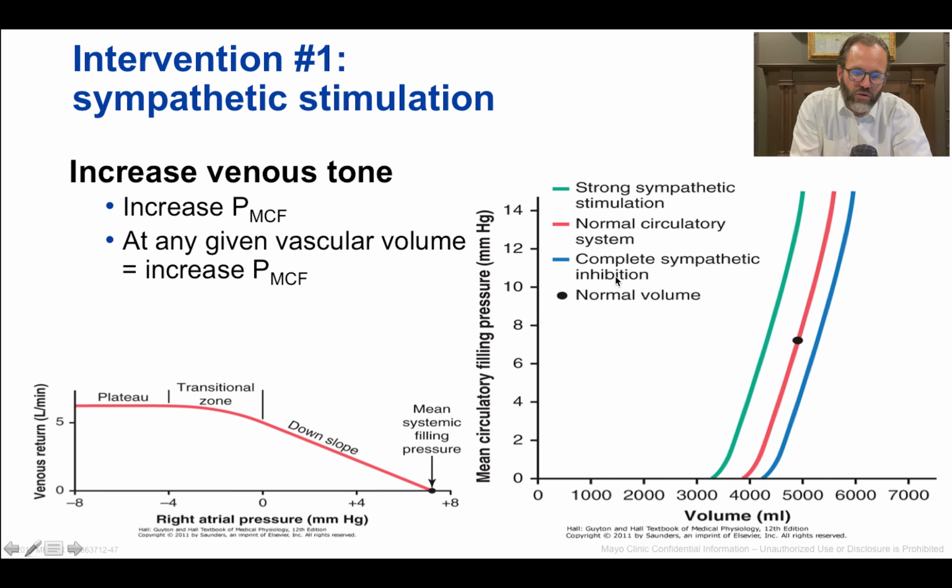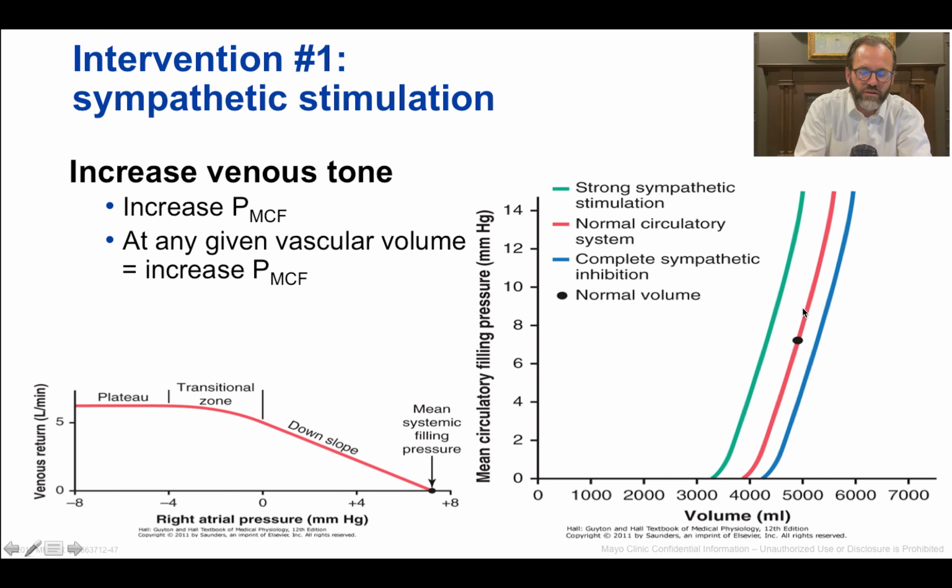And so here, we've got our normal relationship between right atrial pressure and venous return. Over on the right side, we've got our change in volume, and then we've got mean circulatory filling pressure here on the y-axis. And so you can see that in a normal circulatory system, as we increase the volume of the venous circulation, we will get increases in mean circulatory filling pressure.